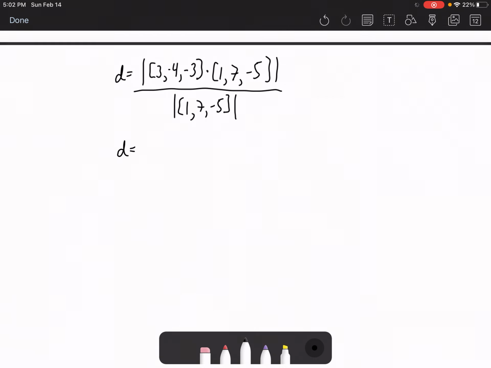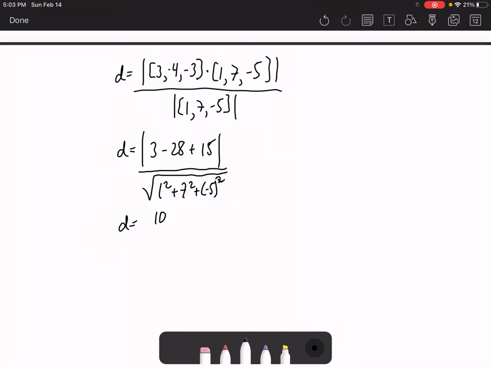Okay, so this works out to be 3 minus 28 plus 15. Sorry, calculation error on my part. This is over the square root of 1 squared plus 7 squared plus negative 5 all squared. So this turns out to be a value of positive 10 because I'm taking the absolute value, over the square root of 75.